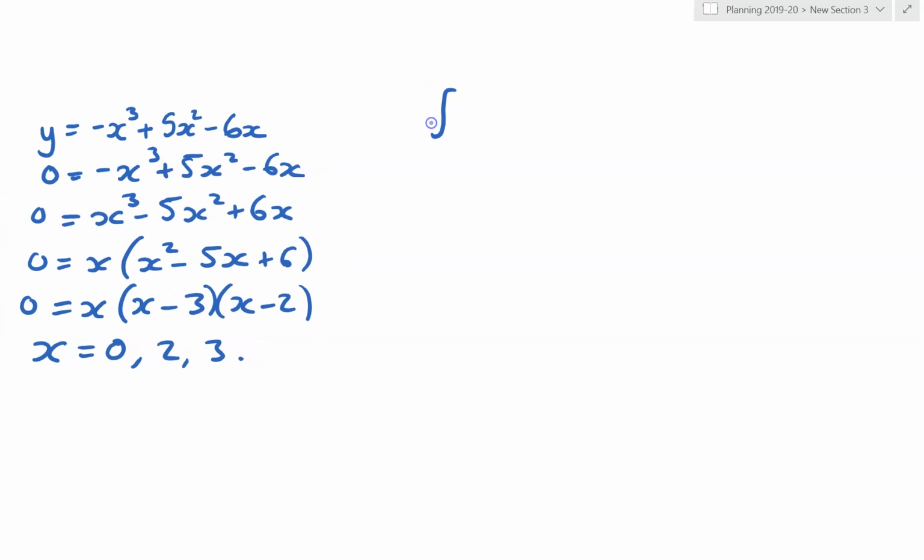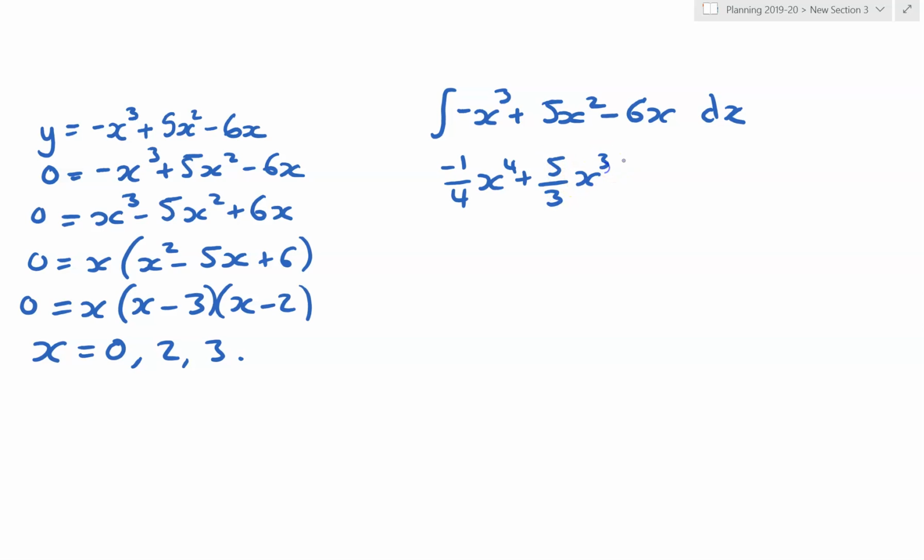Right, so we take the area that's below the axis first. Actually, what we can do is we can just integrate it without any limits first. And then we'll put the limits on after. So if we integrate that, we're going to get -1/4 x to the 4, plus 5/3 x cubed, minus 3x squared.